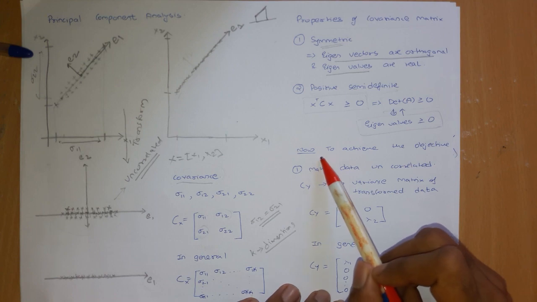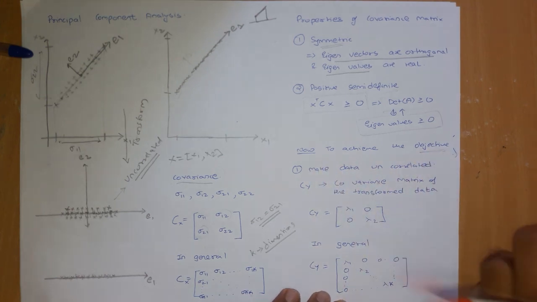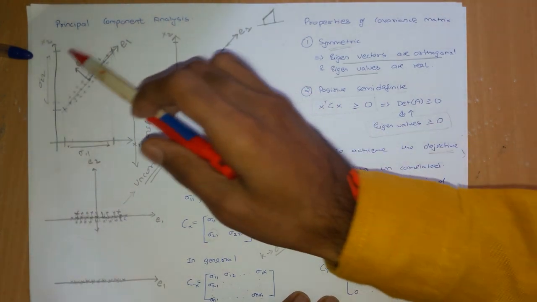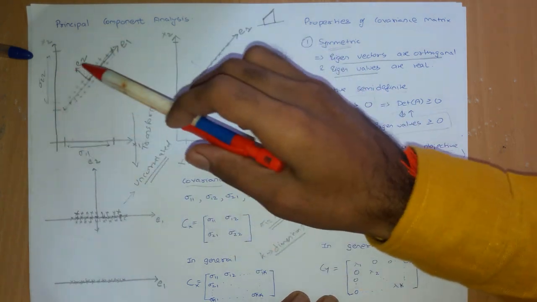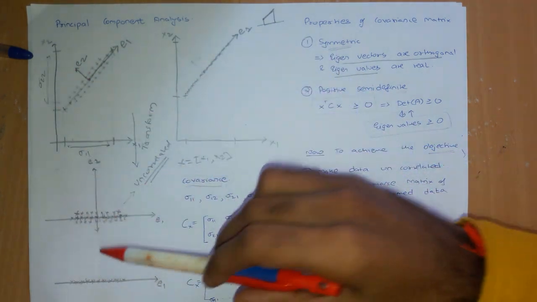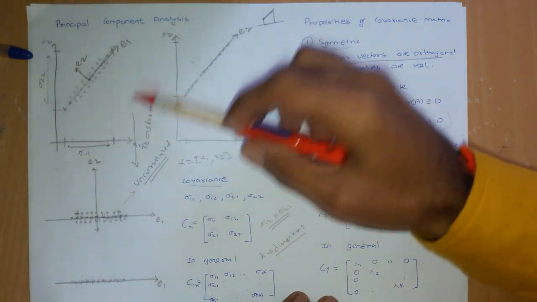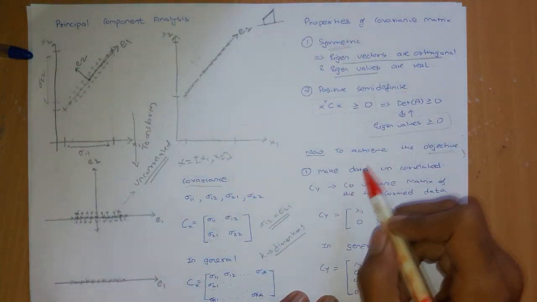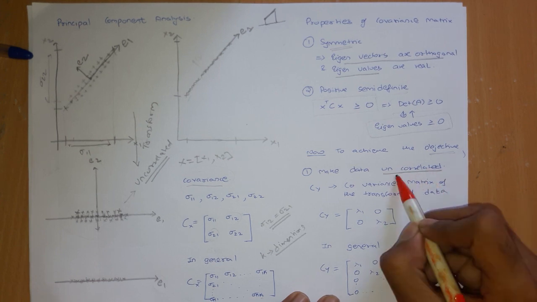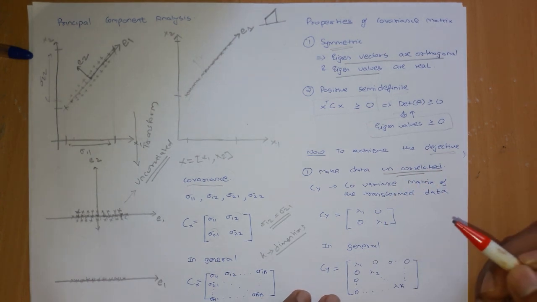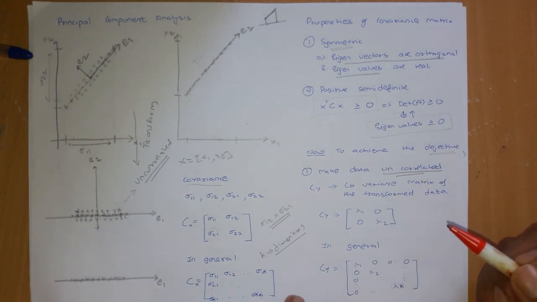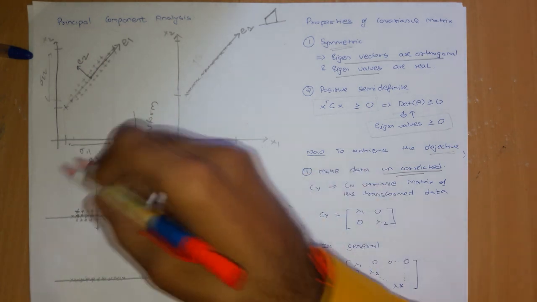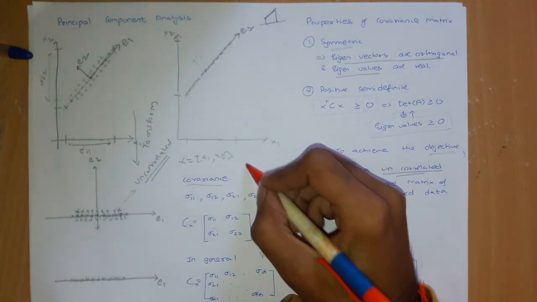So now our first objective is that I want to transform this data from this to this. This is correlated data, and I want to uncorrelate it. So I want to make the data uncorrelated. That is my first objective. So let me consider that this space is the new y space.